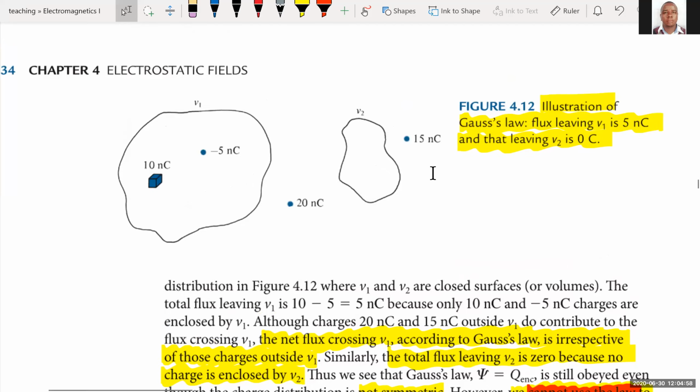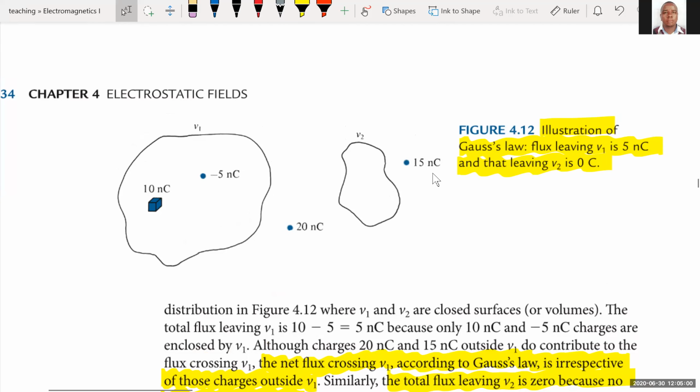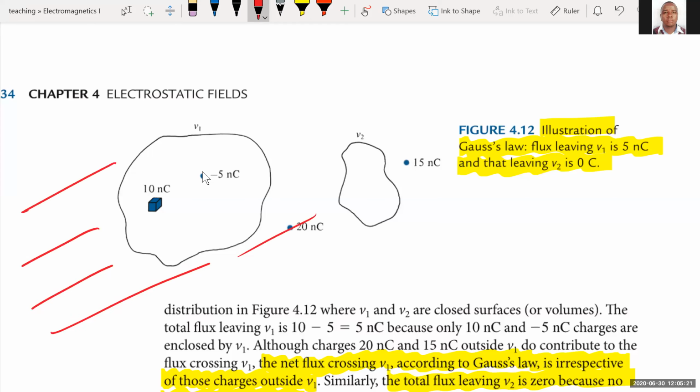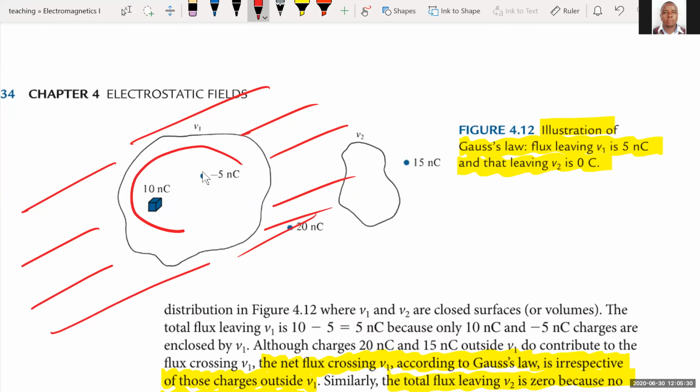I said earlier that if this cross surface has charge, some 10 nanocoulombs and then 5 nanocoulombs, and then we are passing some flux, the flux that will go through this volume will only be equivalent to the sum of these two.